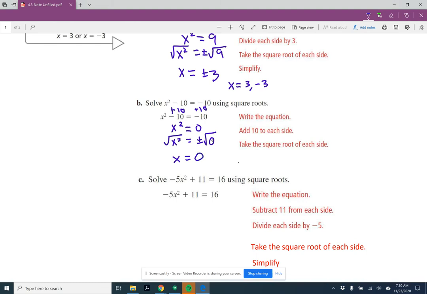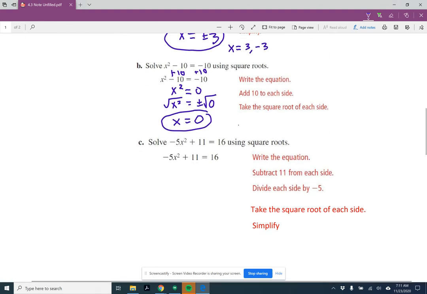So we just get one solution. We get x equals 0. So in the first example, we had two solutions. Second example, we only have one. First example, the solutions were real numbers, one positive, one negative. Second example, one solution.